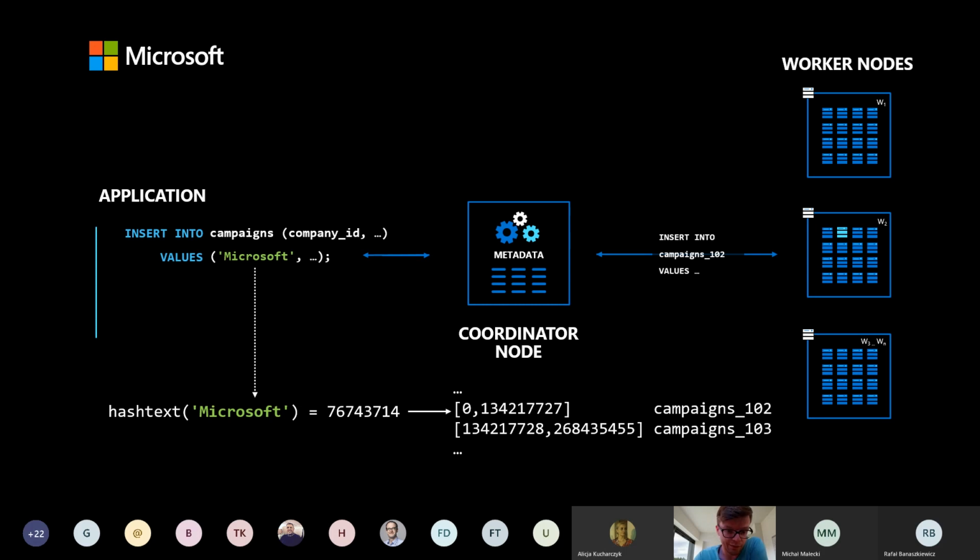Then we look at which range the hash value falls in, say the hash range of campaigns 102, so then we know we need to insert there. Similarly, if we get a select from campaigns where company ID equals Microsoft, we go through the same thing. We take the hash, find that this only needs to go to shard 102, so we'll just send the select over there if there is such a filter.